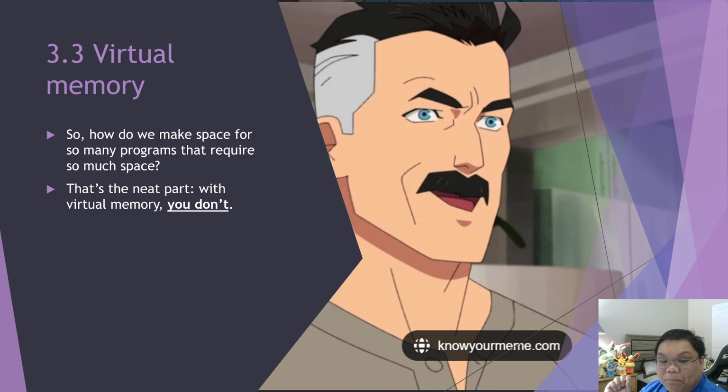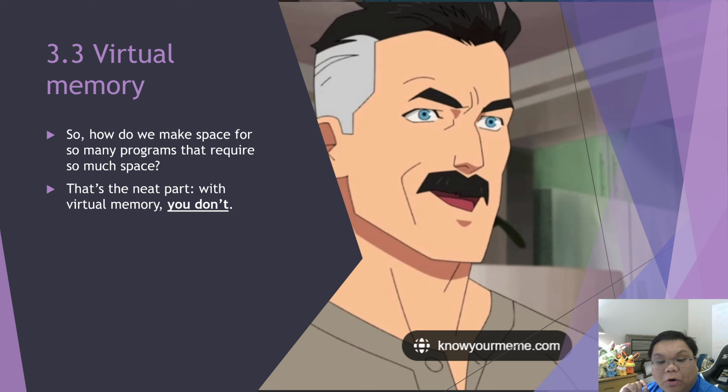If we can swap not entire programs, but parts of programs, then not only does it solve the problem of processes needing more memory as they grow, but if we remove the requirement of processes needing contiguous space, then what can happen is this.